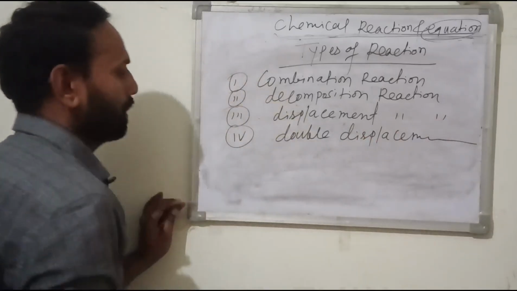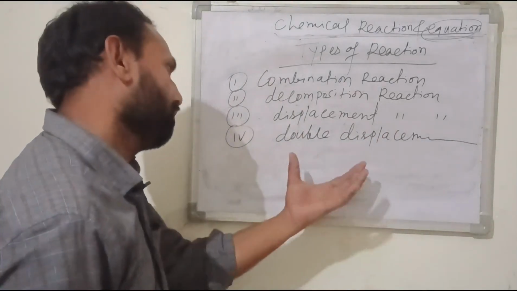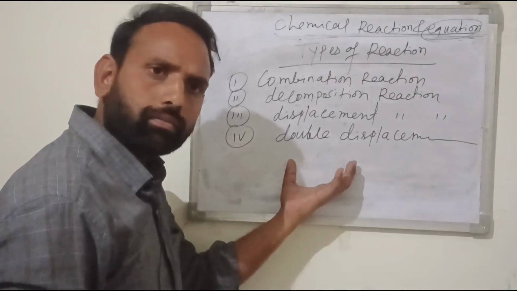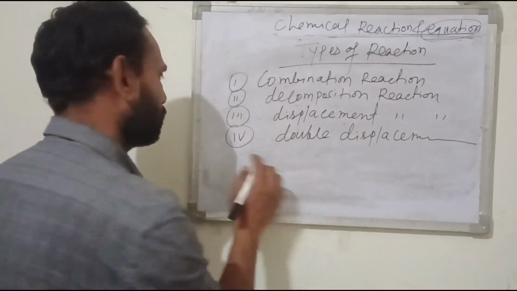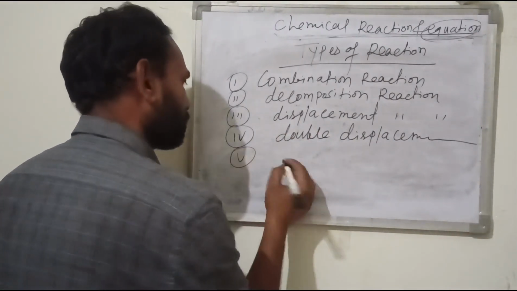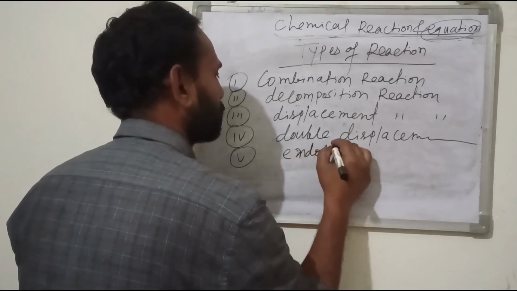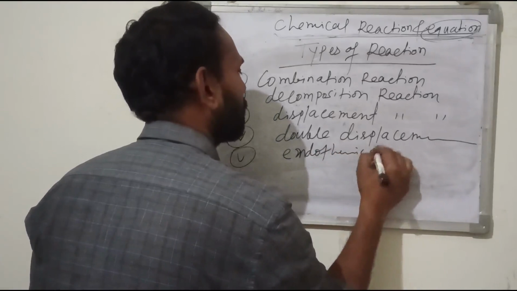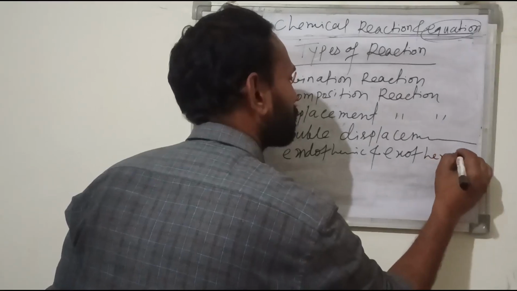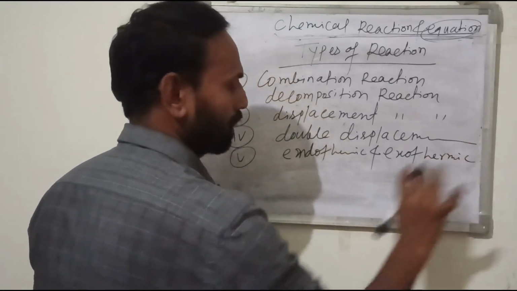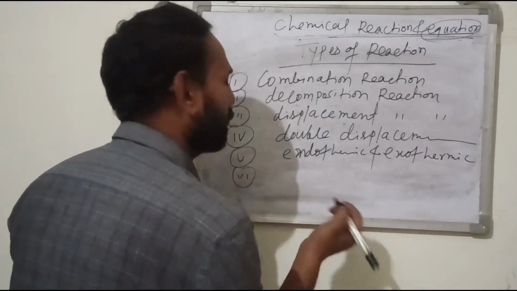Your NCERT gives these 4 types of reactions. But you can write down a fifth one, endothermic and exothermic reactions. Okay, and the sixth one is oxidation and reduction.